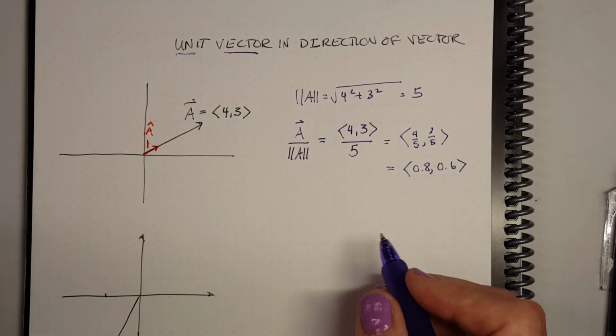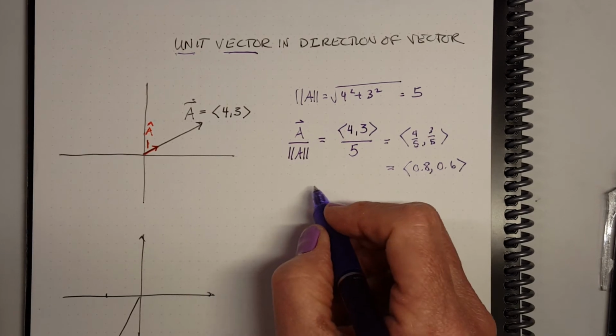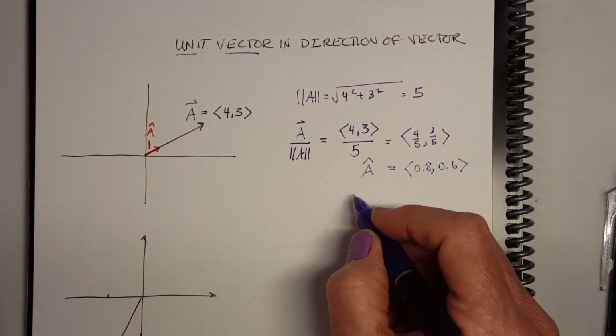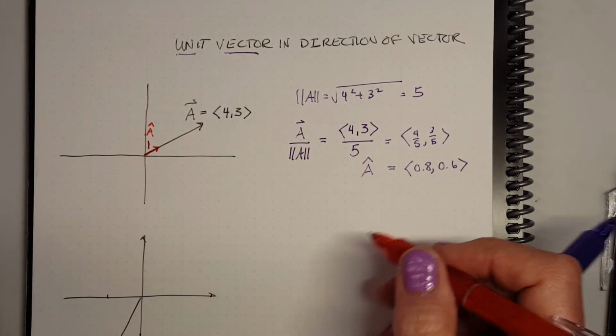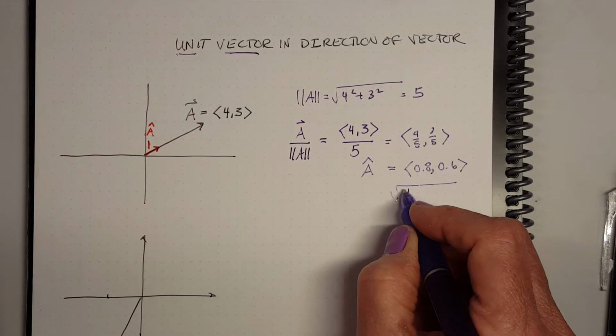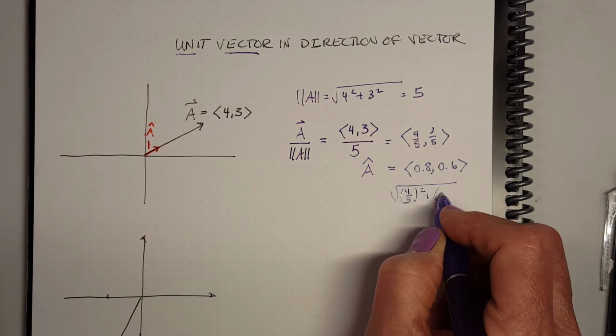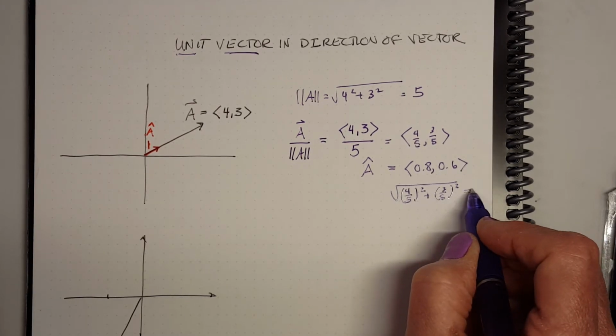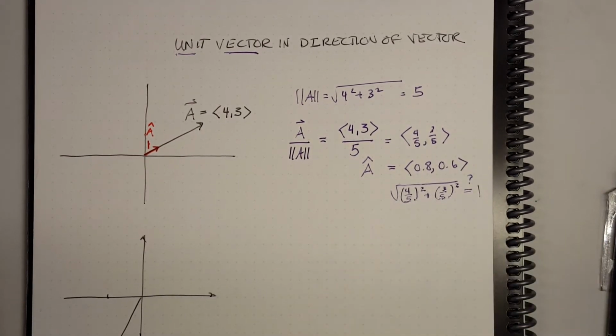Now let's prove to ourselves that that is a unit vector. So let's make sure that we believe that this is A hat. We check: is the square root of (4/5) squared, or 0.8 squared, plus (3/5) squared equal to 1? Because that's how you prove something's a unit vector.